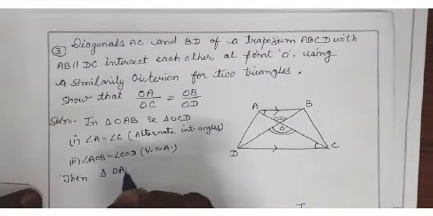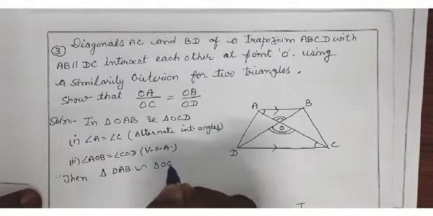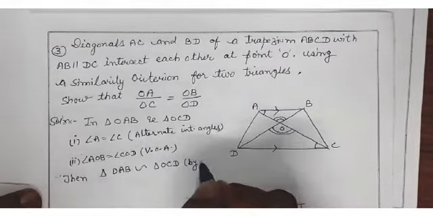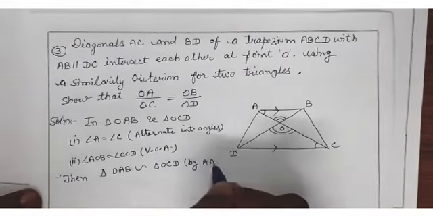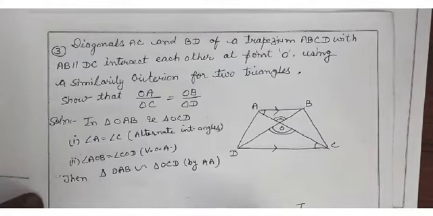Triangle OAB is similar to triangle OCD by AAA similarity. Then what can we say?